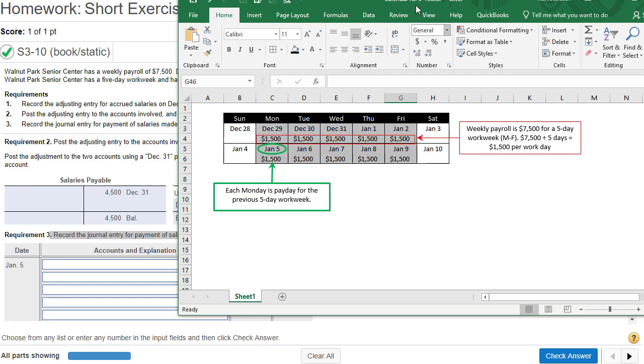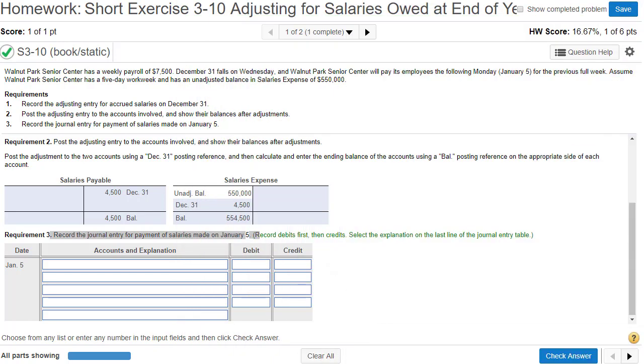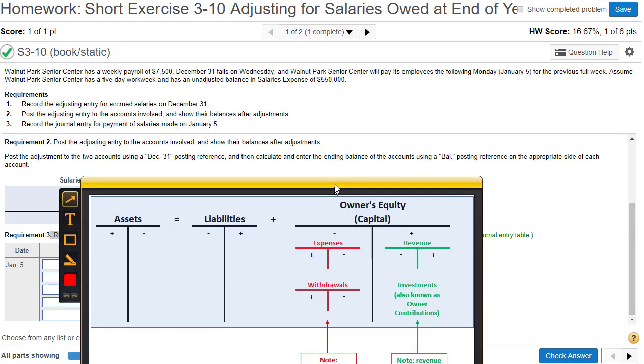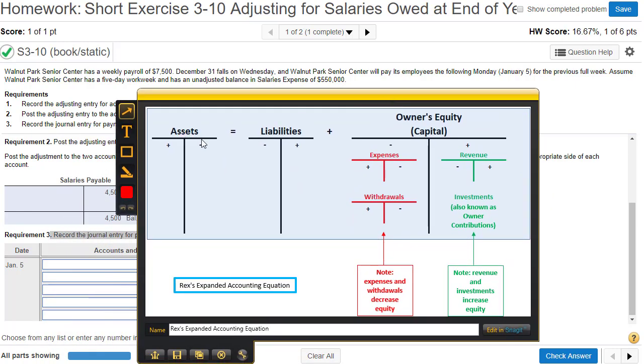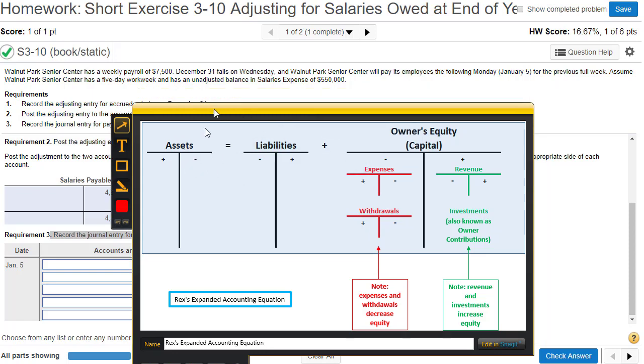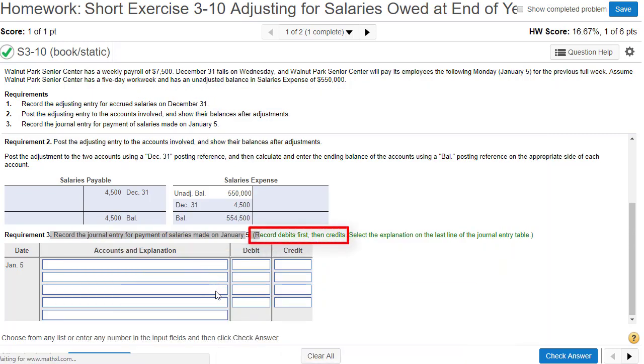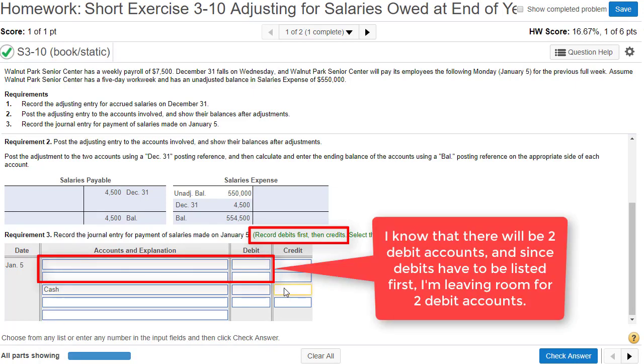So our cash is going to go down by $7,500. The reason I'm starting with cash is because that's usually the easiest one for students to figure out. And since cash is going down and cash is an asset, we have to credit cash.